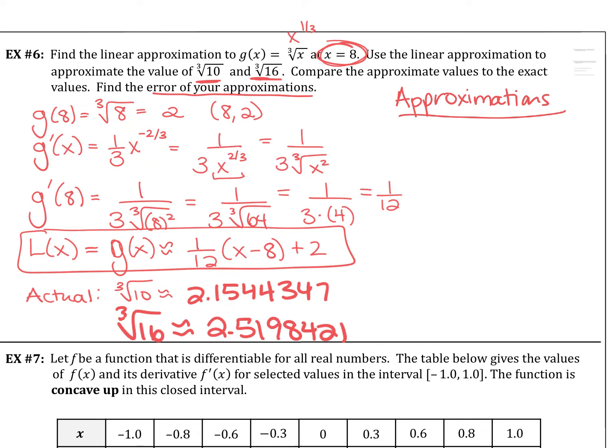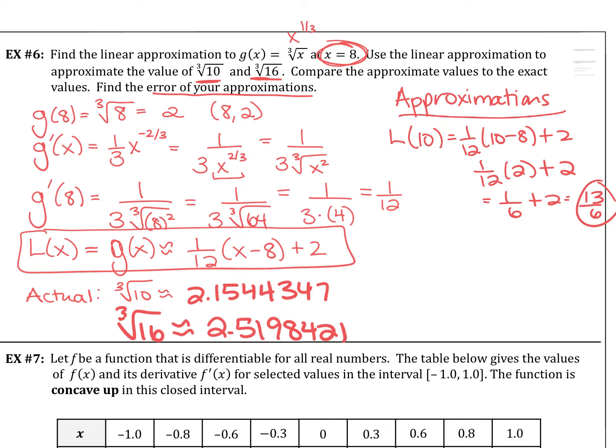So I'm going to say L of 10 is 1/12 times 10 minus 8 plus 2. 1/12 times 2 plus 2 is 1/6 plus 2, or 13/6. 2 could also be written as 12/6, and 12/6 plus 1/6 is 13/6.